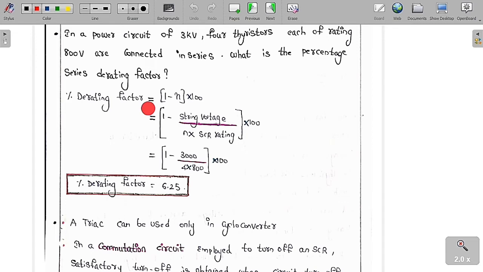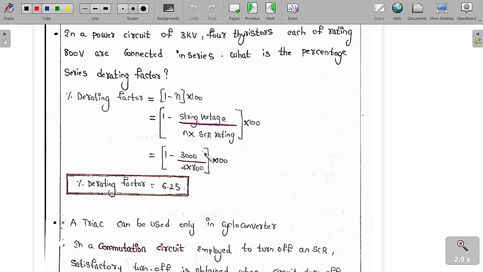So derating factor is equal to 1 minus string efficiency. The percentage of derating factor is equal to (1 minus string efficiency) into 100. String efficiency is string voltage divided by the number of series connected thyristors into the voltage rating of each thyristor.